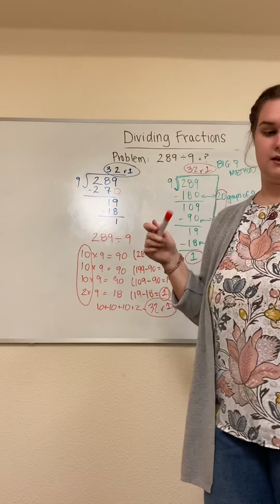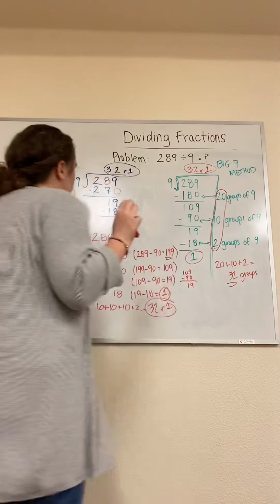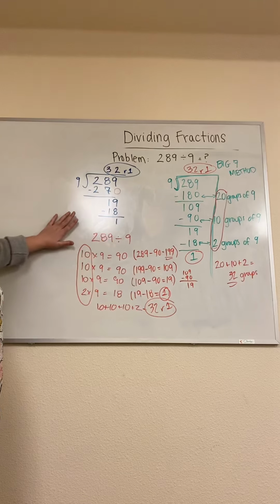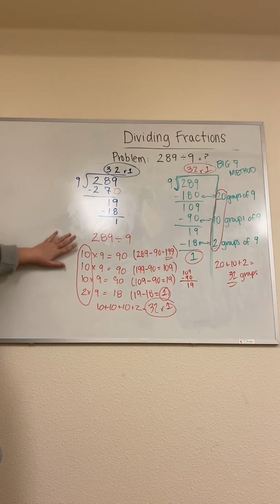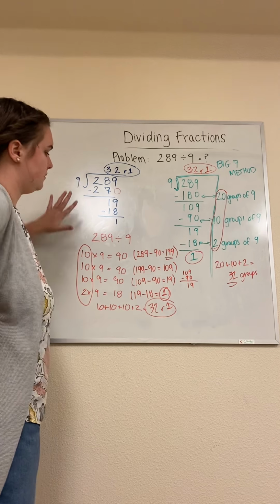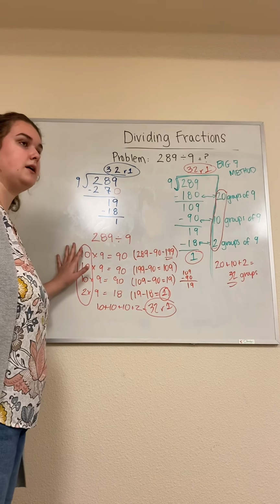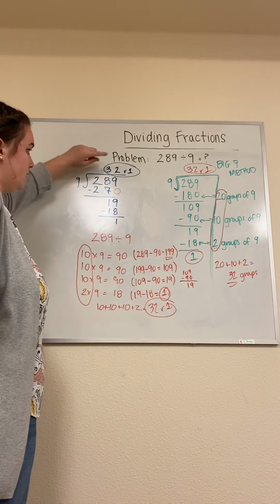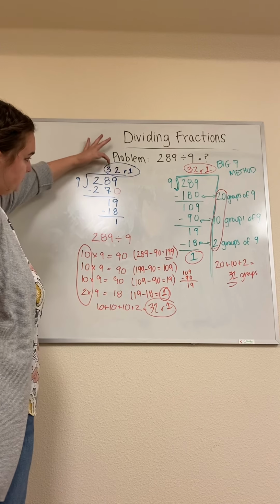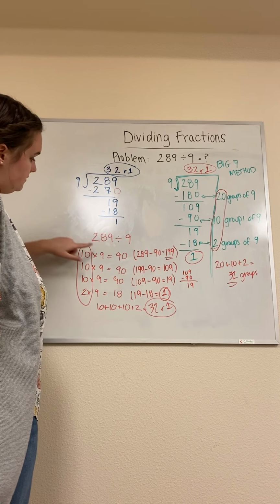So how this relates to the algorithm is kind of similar, but we're basically making groups of 9 in an easier way than what we're doing up here. So it's going to take a little longer, but essentially it's the same thing. You're making a certain number of groups, so this would be your number of groups of 9.